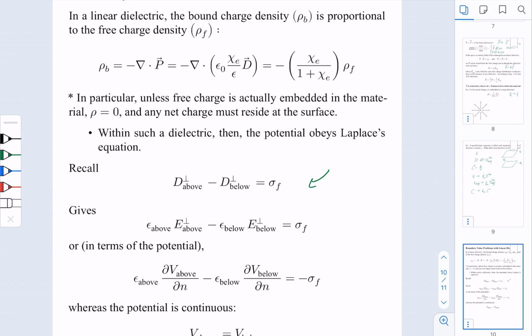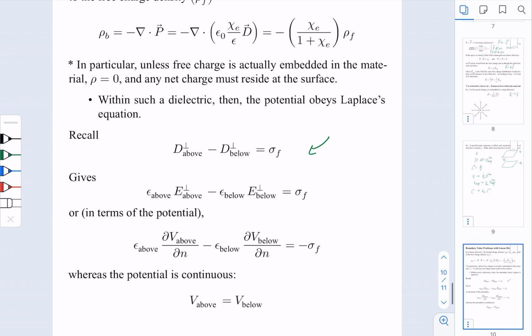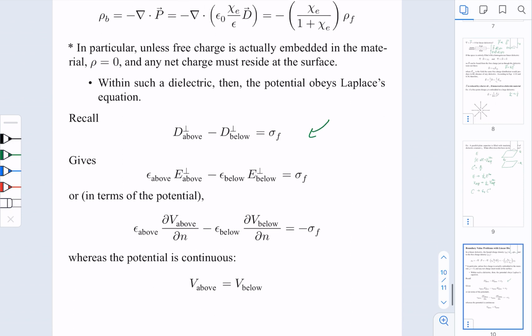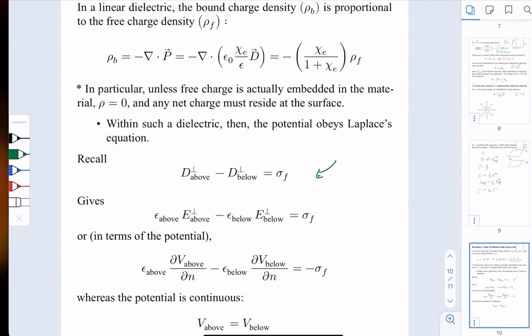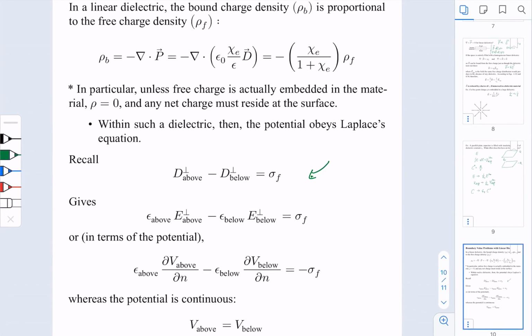Now, in terms of the boundary conditions we discussed here, we can also go back from the D field to the E field.